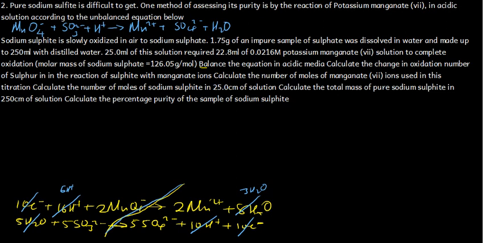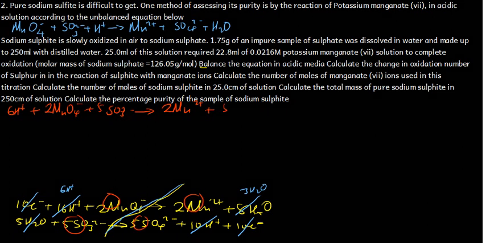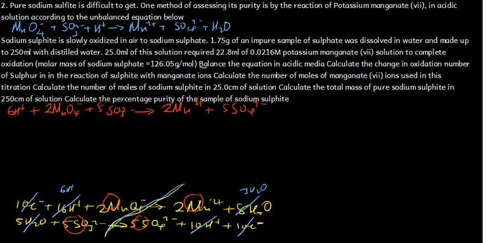So here we've got 6 hydrogen ions, and then plus we have this compound, which is 2 MnO4 minus, and then we also have this, which is 5 sulfite, like that, and that is going to produce, now we go on the products, we have this, which is 2 Mn2 plus, and then we have this, which is 5 sulfate 2 minus, and then we have now 3 water molecules. So this now becomes the balanced redox reaction.